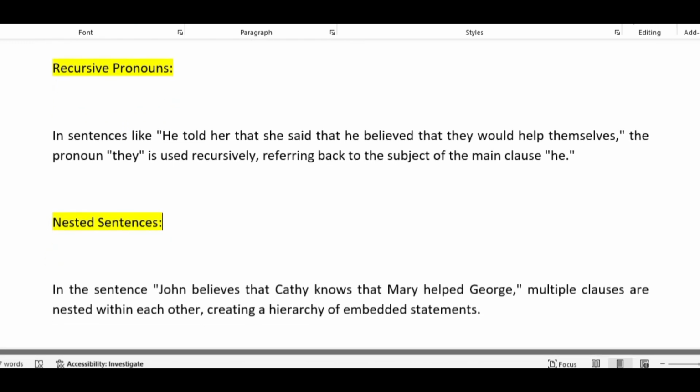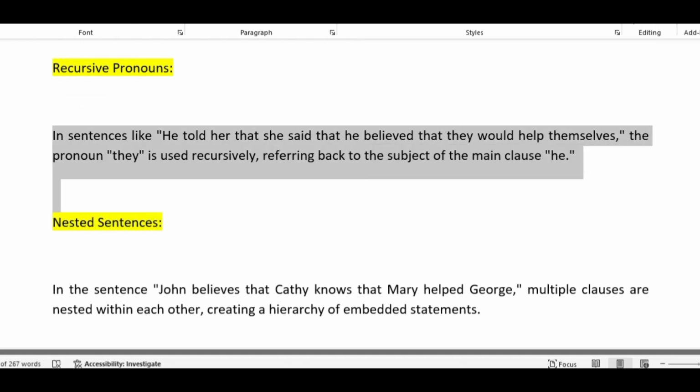Recursive pronouns in sentences. Okay, I will highlight it. In sentences like he told her that she said that he believed that they would help themselves, the pronoun they is used recursively, referring back to the subject of the main clause he.